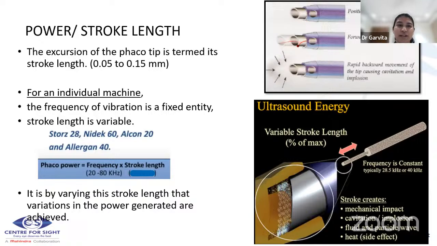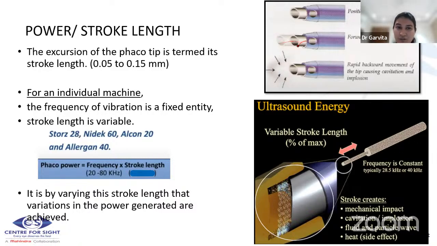So how do we modulate the power of Phaco? It depends on the stroke length. What is stroke length? It is the excursion of the Phaco tip that is known as stroke length. In this diagram, this is the position of the tip at rest. Every time the tip moves forward and backward, this distance that it covers is called the stroke length.